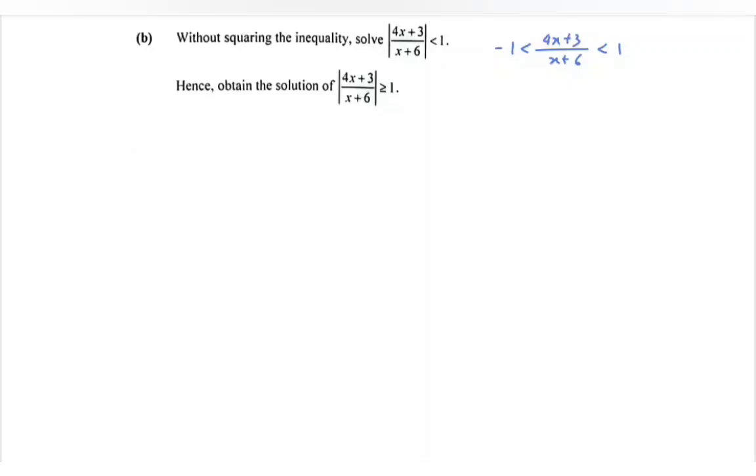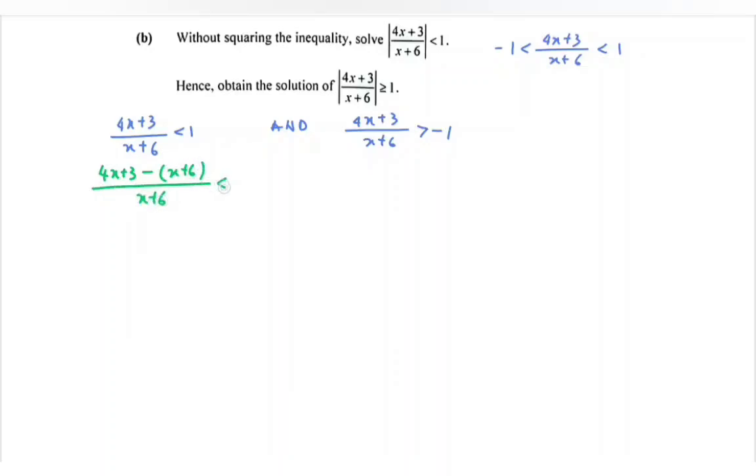Kindly split the situation. So here we have (4x plus 3) over (x plus 6) less than 1. AND case, we have (4x plus 3) over (x plus 6) greater than negative 1. Focus on the left hand side. We have the inequalities. So we have 4x plus 3 minus, multiply with the denominator, or we can say equal the denominator.